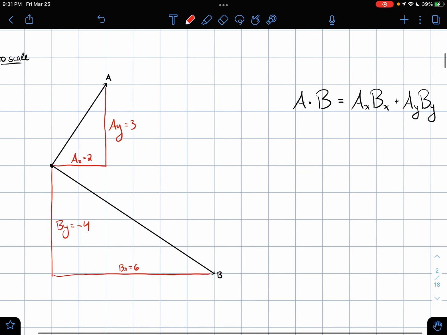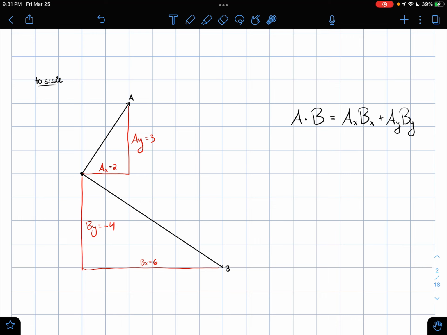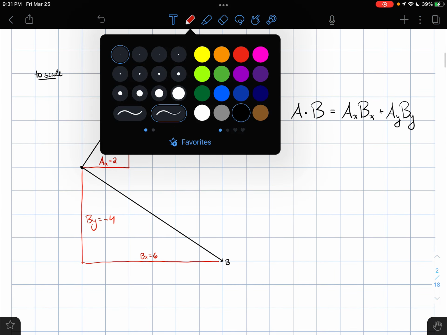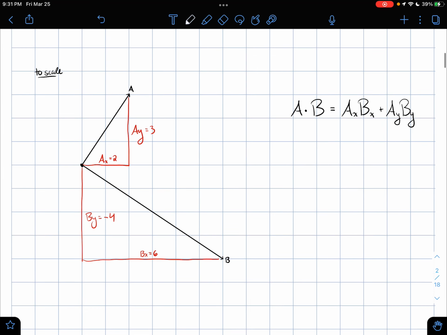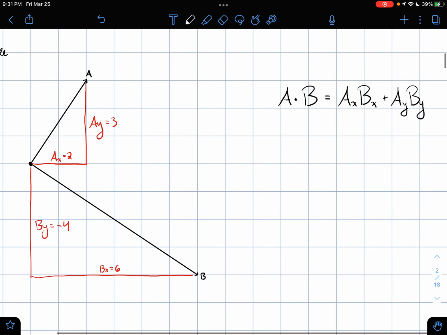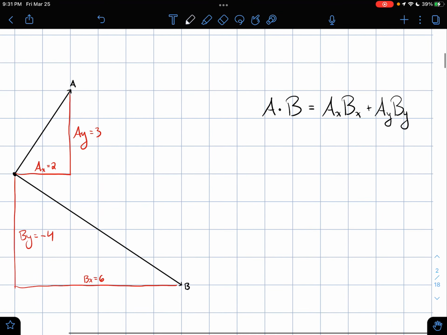All right, so now I have all my X and Y components. Again, if I wasn't just counting squares, I would have thetas. I would be doing trig with sine and cosine to get my different side lengths. But since I made it easy for myself, I just get to do that. So now we're going to do our dot product, AX, BX.